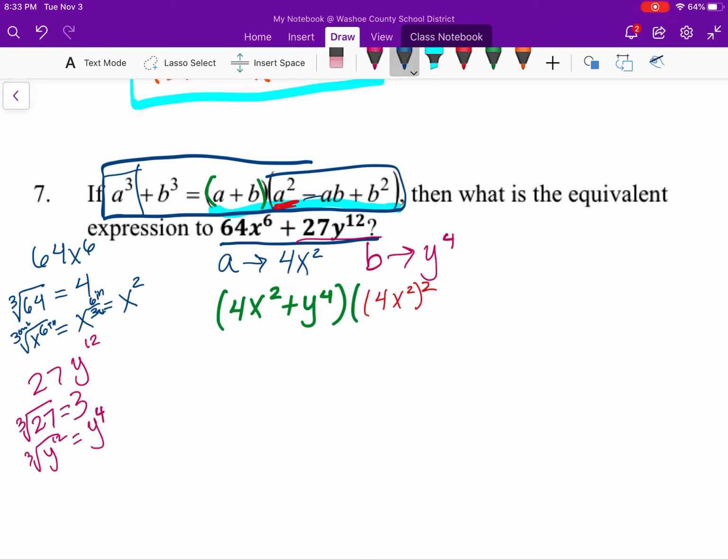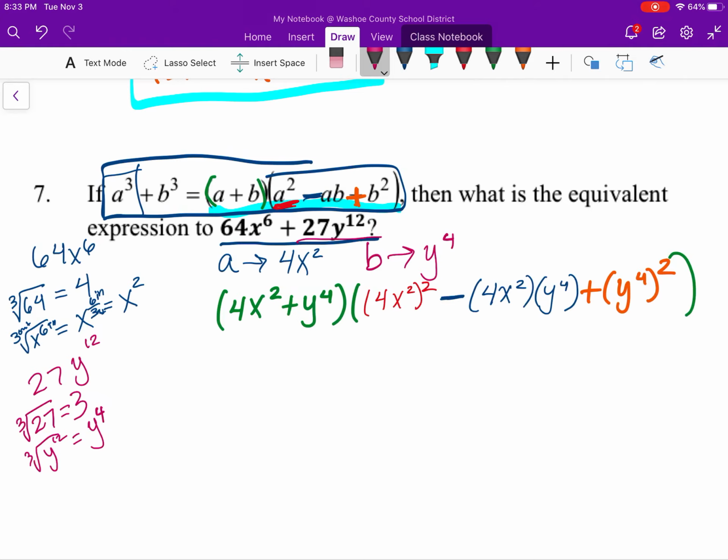Okay, I'm going to keep going. Then I have a minus ab. So minus a is 4x squared times b is y to the 4th. Keep going. Plus b squared. For me, b is y to the 4th, and then I'm going to square that. Okay, so I'm substituting, but this time I'm just taking it a little bit slower.